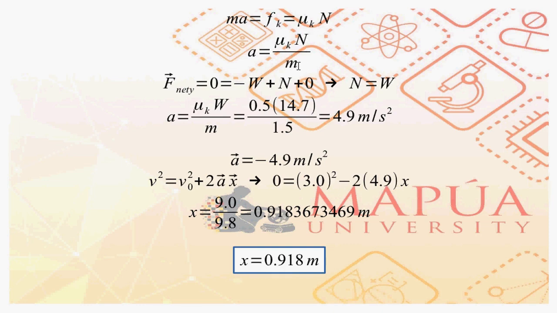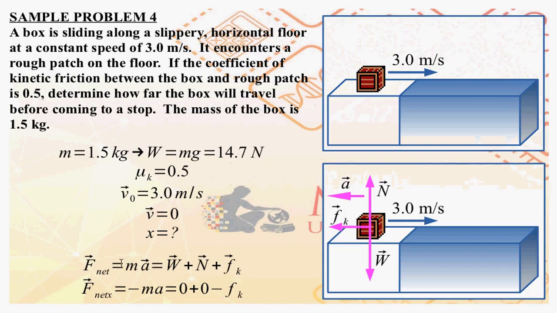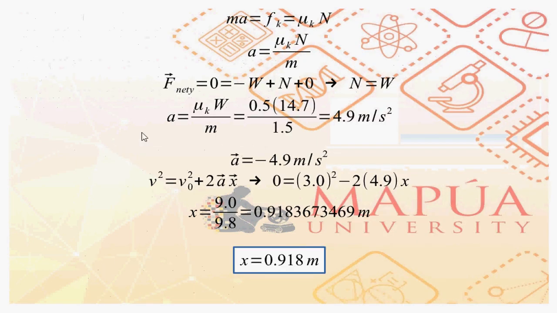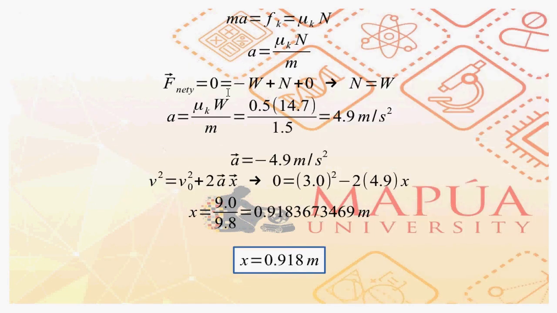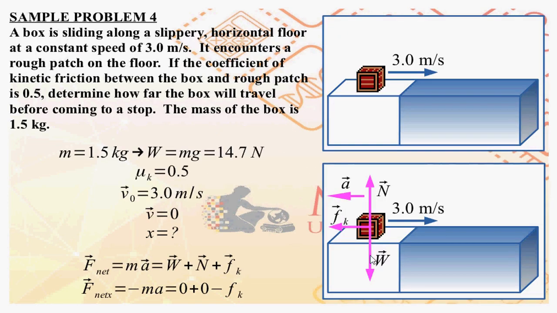We know mu k, we know m, but we don't know the normal force magnitude, so we move on to the y component. Y component of F net is F net y. Y component of ma is horizontal, so no y component. Y component of weight is vertical.